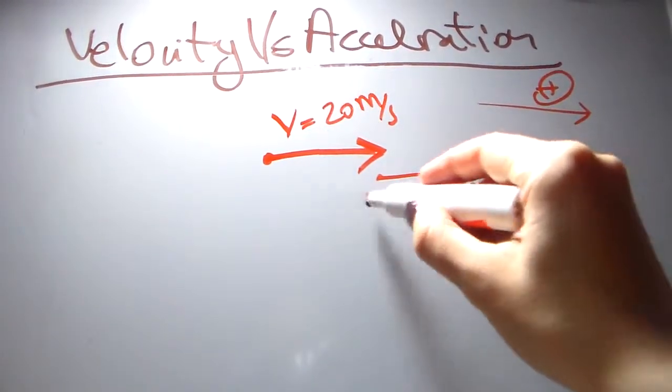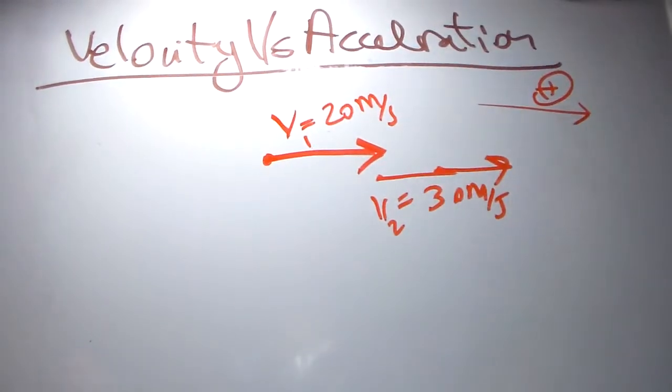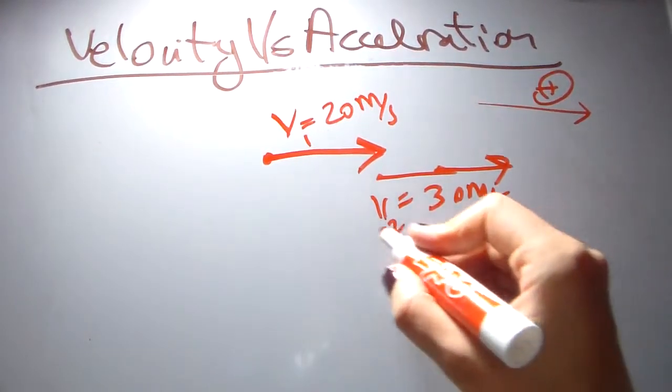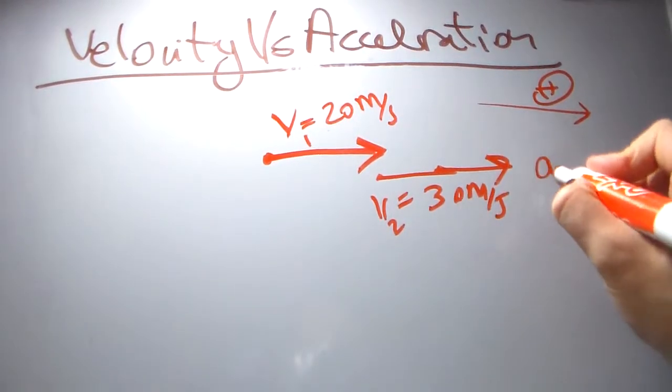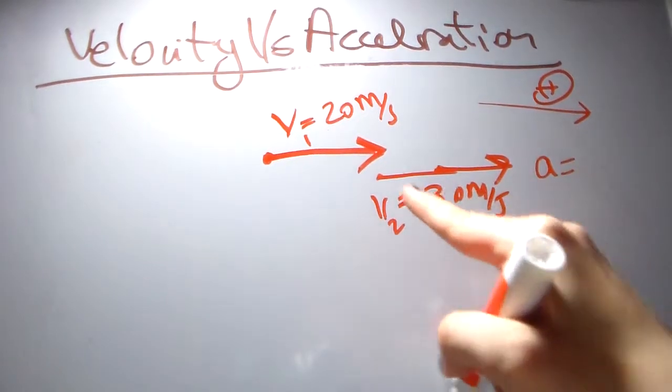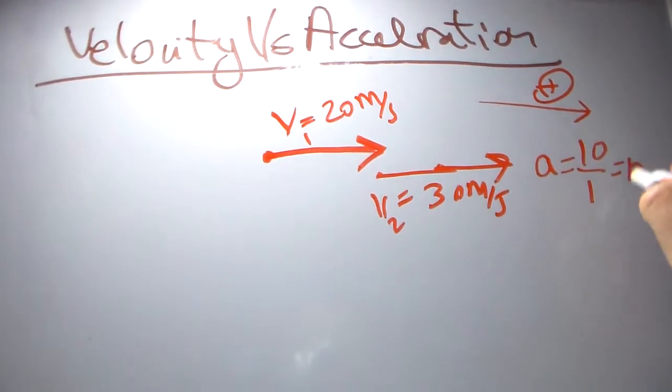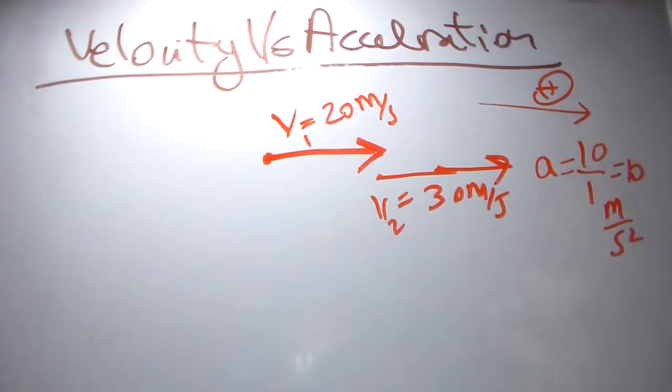Because there is a change in velocity, I'm going to have an acceleration. Acceleration is 30 minus 20, 10 over 1 second, and that gives me 10 meters per second squared.